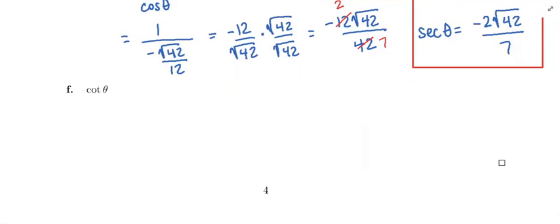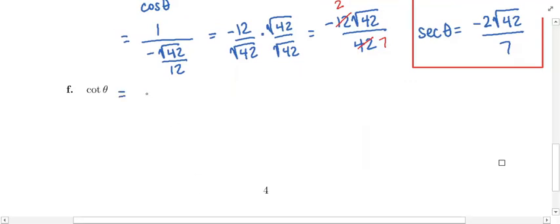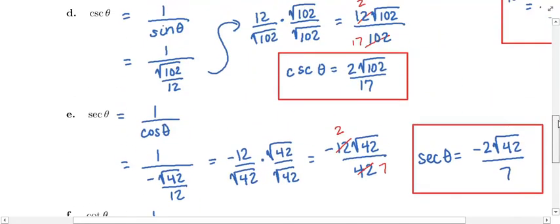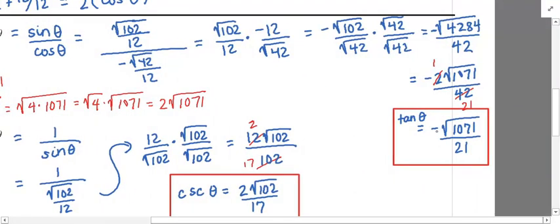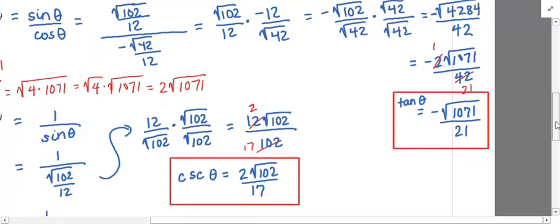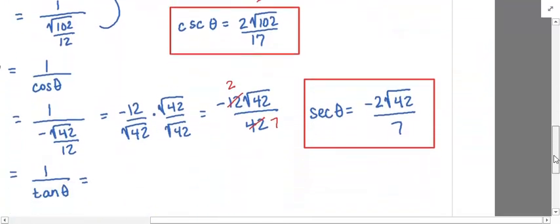Okay, I'm going to go with 1 over the tangent of theta. So I'm going to go up to part C and grab the tangent. Okay, tangent was this crazy number, negative square root of 1071 over 21. Okay, so I'm going to write that down.